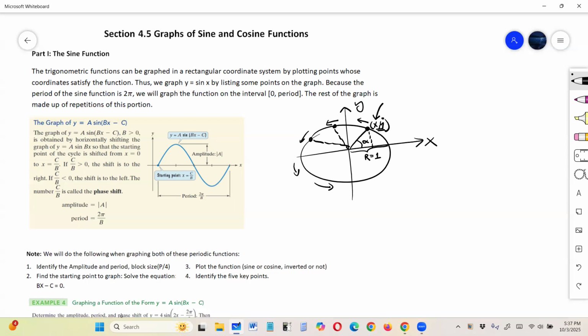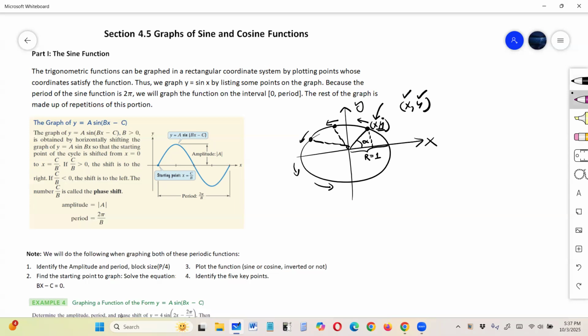All that we're interested in now is graphing the movement of this particle dealing with the y, or the sine function, or the x, the cosine function. Now, they're both, as we call them, periodic functions, and they're periodic because they repeat themselves.